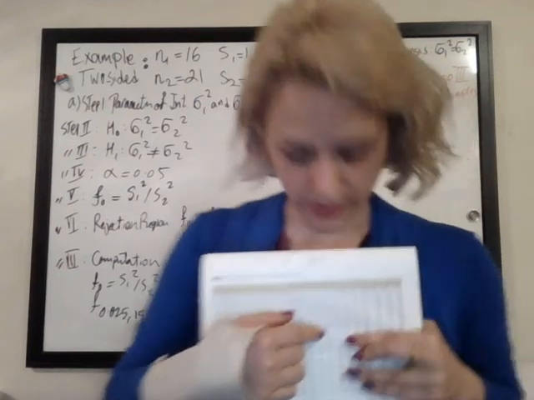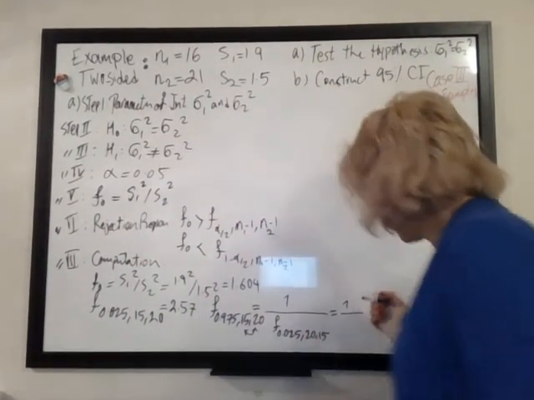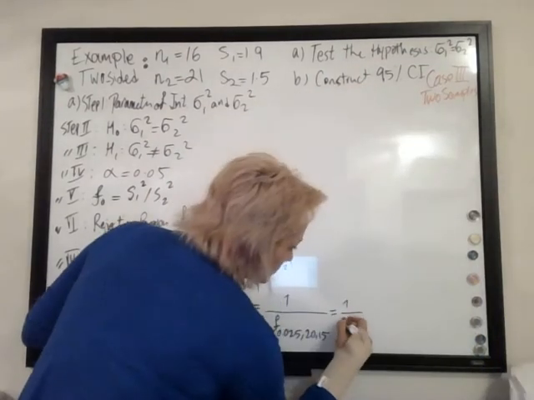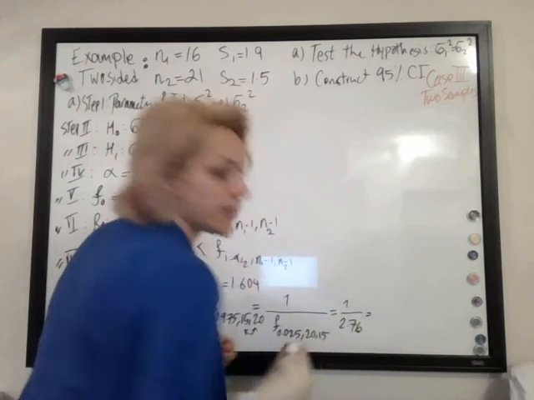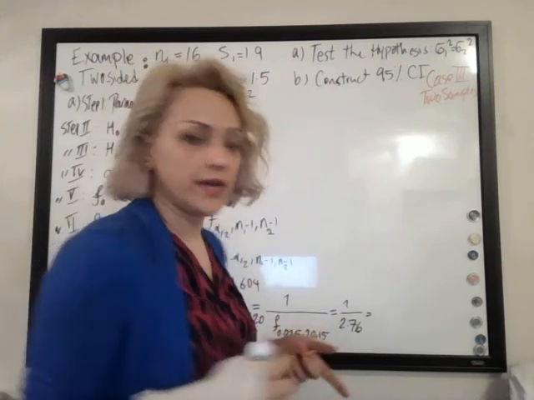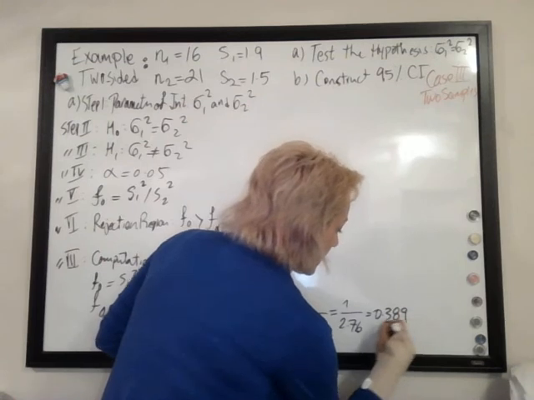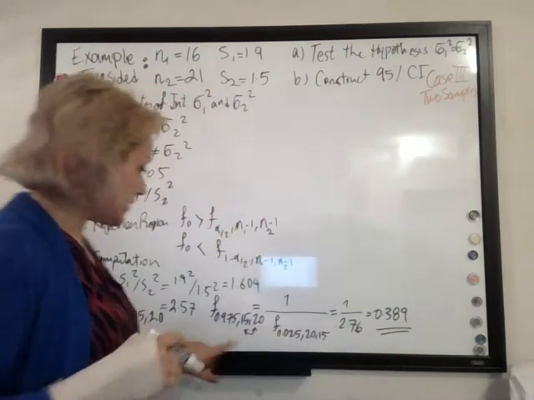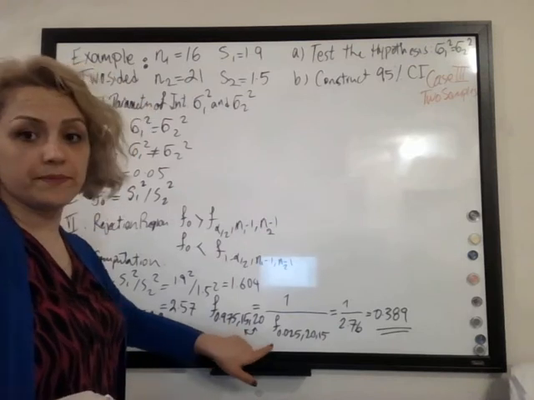When you read it, it's going to be here. You can read the number. I would write down 1 over 2.76, which is going to be equal to 0.389. So this value is F at 0.975, 15, and 20.